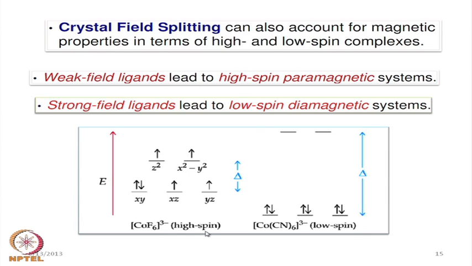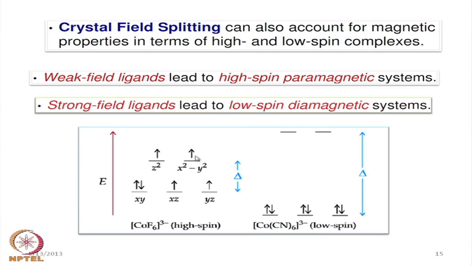One case is the high spin situation, the only known example of cobalt 3, whereas the stabilization is much more in the paired-up situation in the hexacyanocobaltate 3 ion, which is low spin, where all 6 electrons will be in the T2G set.